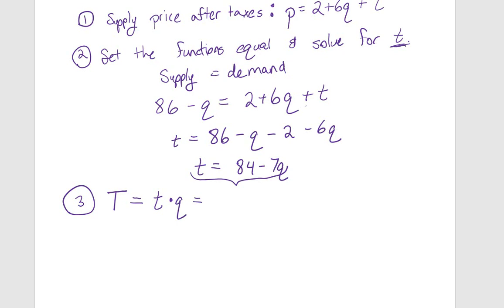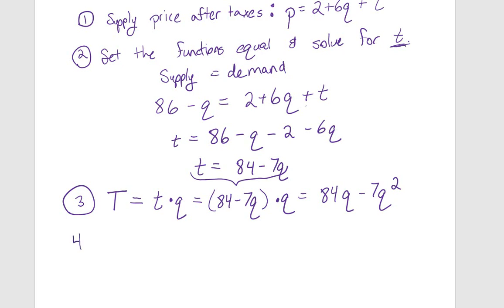Now we want this all to be in terms of just Q. So that's going to be 84 minus 7Q times Q, which will give us 84Q minus 7Q squared. So remember, little t is the taxes per item, okay? Big T is the overall total taxes that we get.